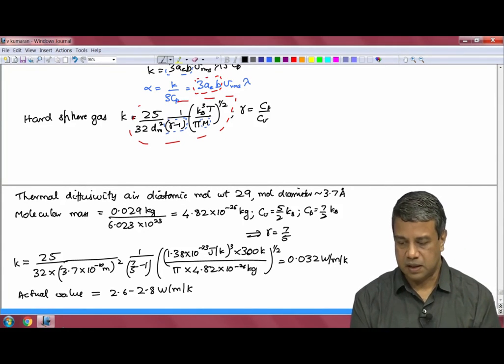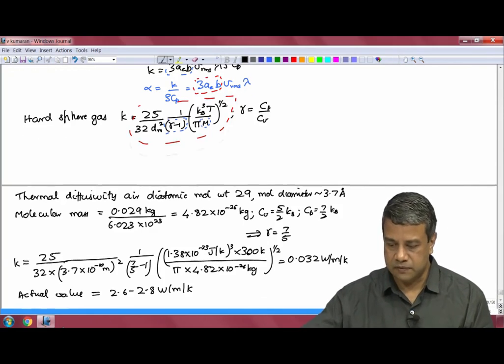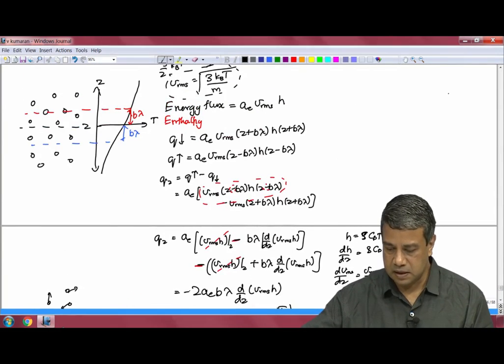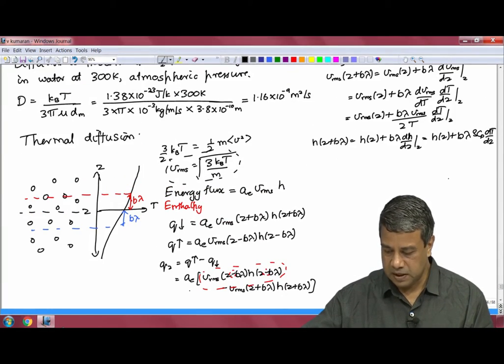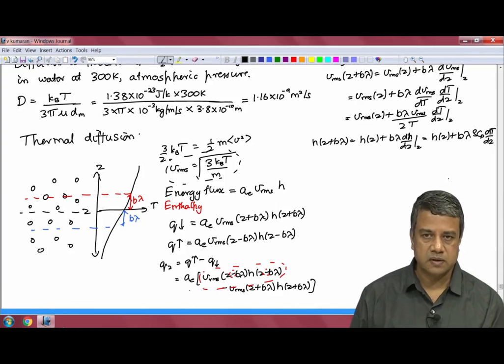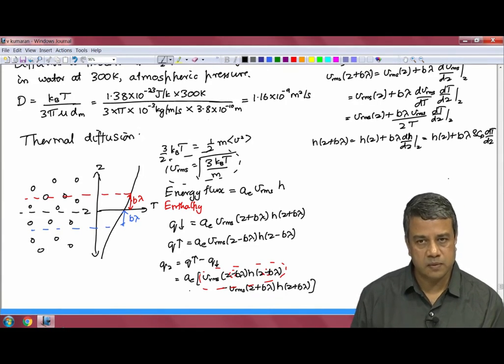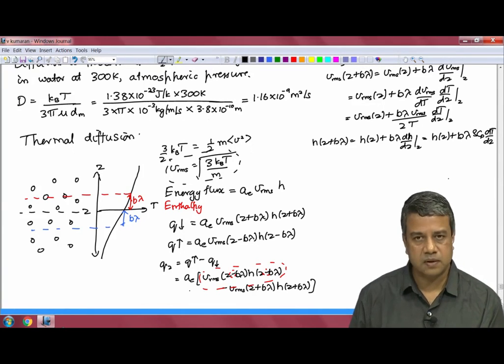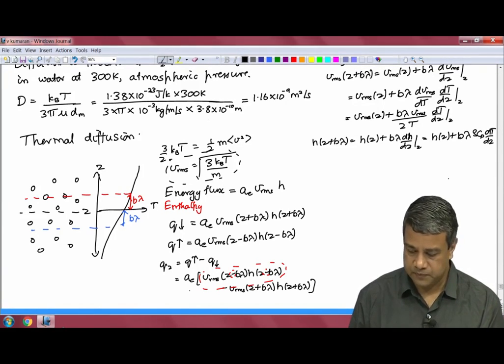Molecules going upwards come from a distance comparable to the mean free path below the surface, and molecules going downwards come from a distance comparable to a mean free path above the surface.